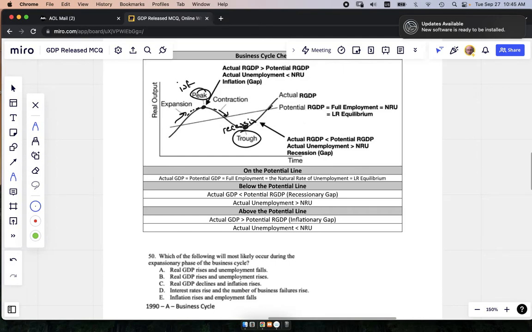But there's ways that the College Board asks these questions that are confusing. First of all, that linear line there is what we call potential real GDP, also known as full employment. It is our natural rate of unemployment. It is long-run equilibrium. Some of that's not going to make sense to you, but that's fine. This is if we're at full employment.